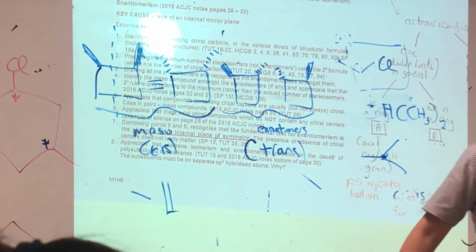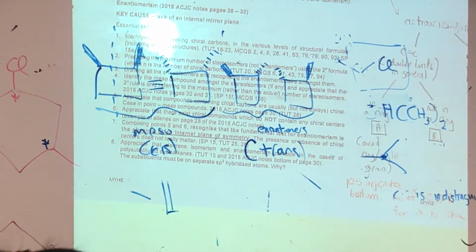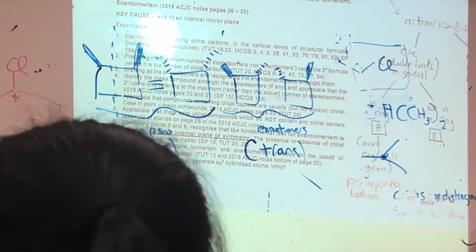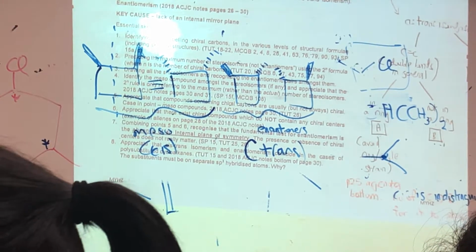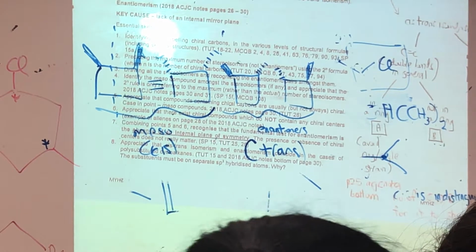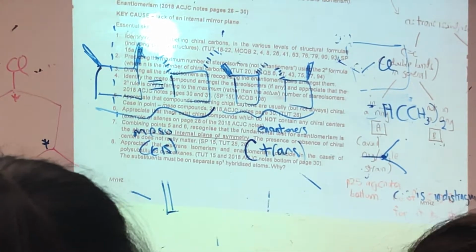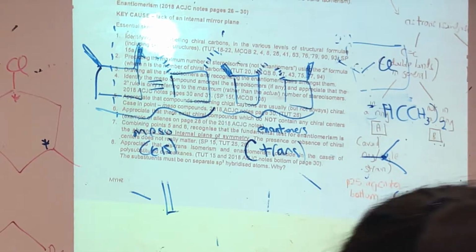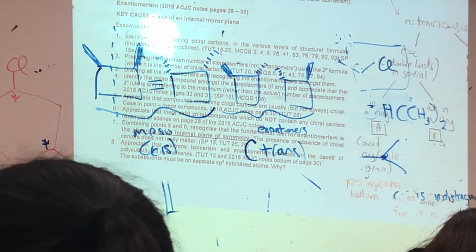Okay? And then in summary, whether you want to check a molecule is chiral or not, you look out for an internal mirror plane. If there is such a thing inside the molecule, it means that its mirror image will be the same as itself. Clear? Know how to look for chiral carbons, okay?